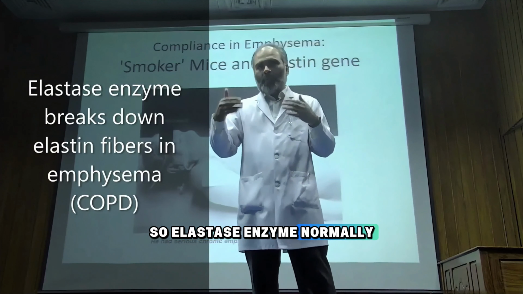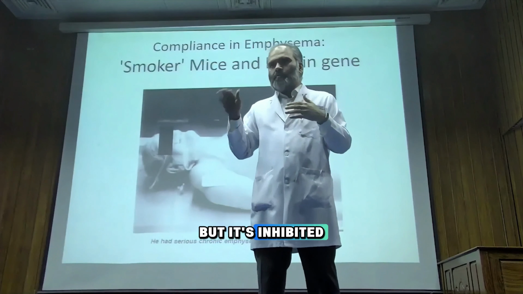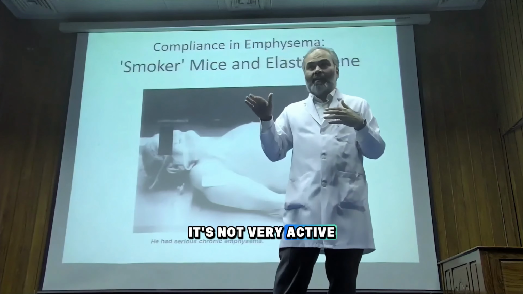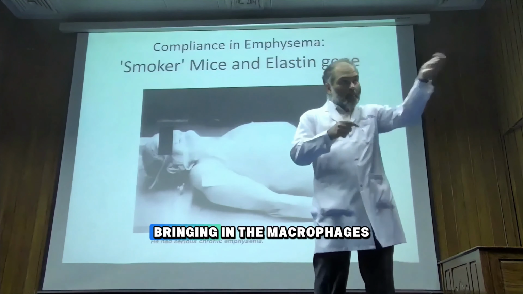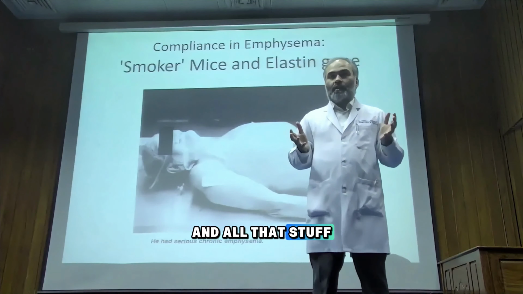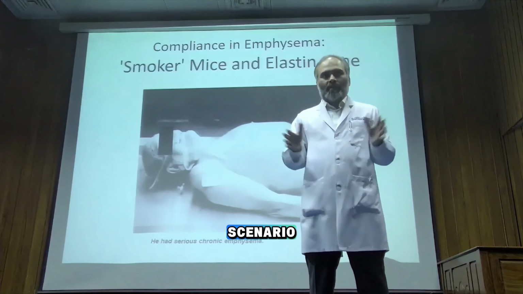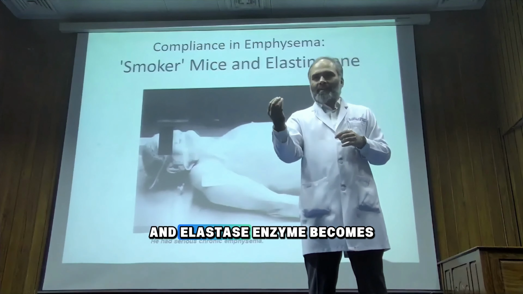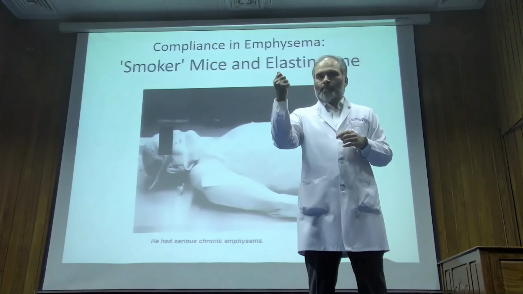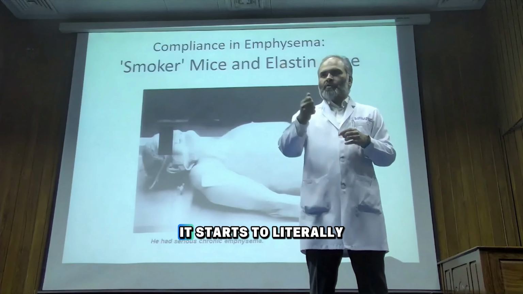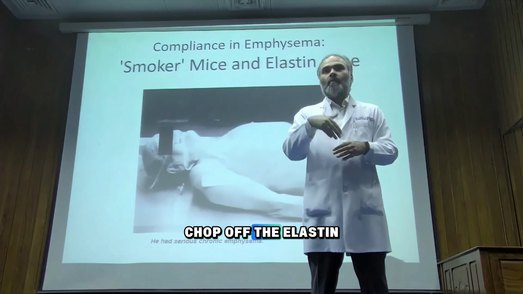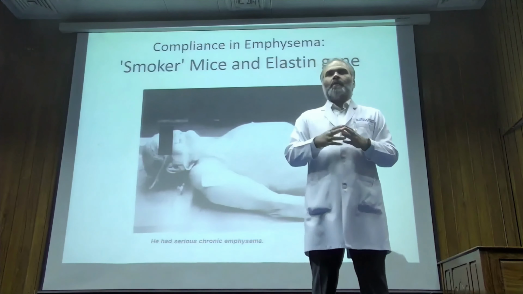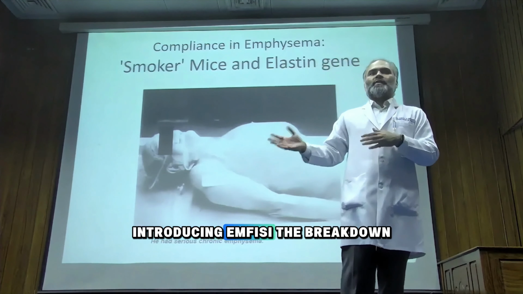Elastase enzyme normally is present in the lung, but it's inhibited. It's not very active. Smoke, through the chronic inflammation, bringing in the macrophages and all that, changes the whole scenario, and elastase enzyme becomes hyperactive. When it becomes hyper, it starts to literally chop off the elastin fibers, introducing emphysema.